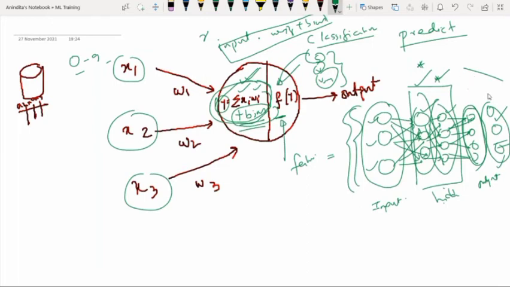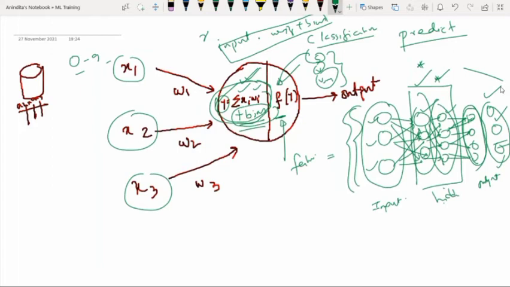And what we can determine is how many neurons will be there in the output layer. That thing we can determine. It depends on what kind of application we are going to design. If classification, then we can expect more than one neuron in the output layer. If it's a prediction or kind of forecasting, then we will have one neuron. So these are the basic assumptions that you have to understand.